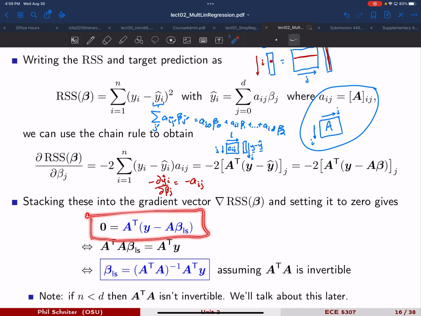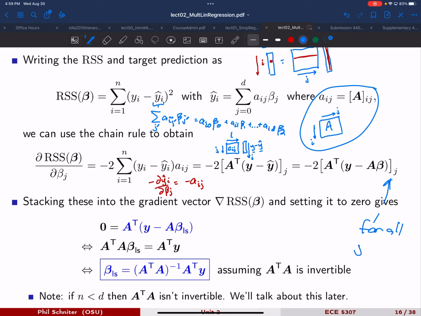So can I somehow solve for the beta that's doing this? Because this is the beta that sets all the gradients to 0. We're going to call this the least squares beta. So let me just write this. This is for all j going from 0 all the way to d. Okay, so that is where we got this equation.